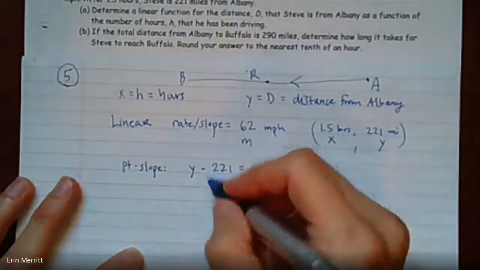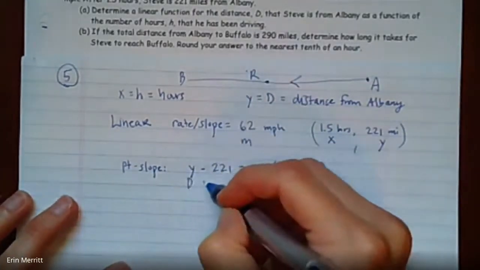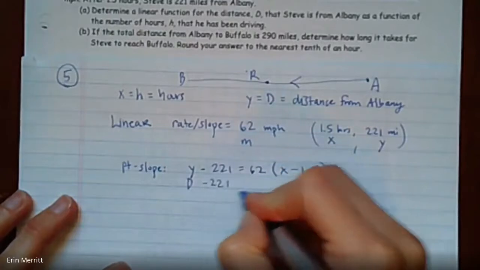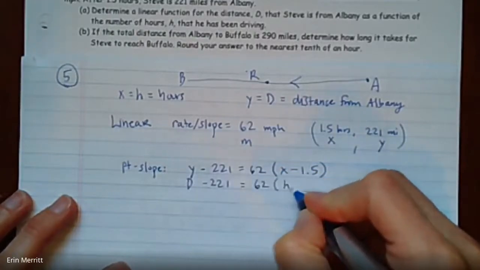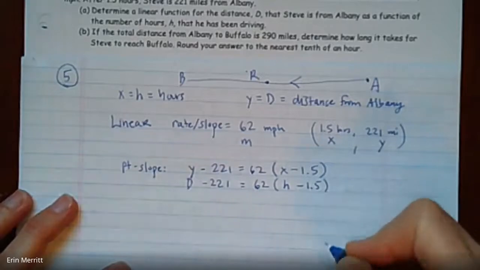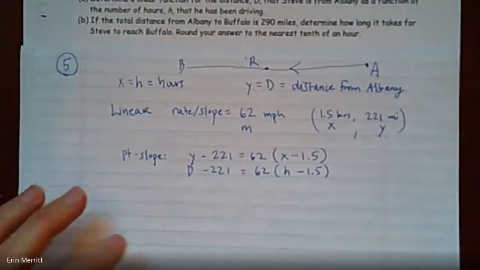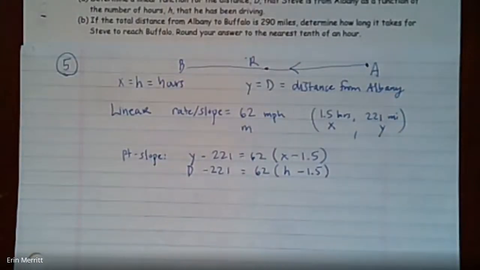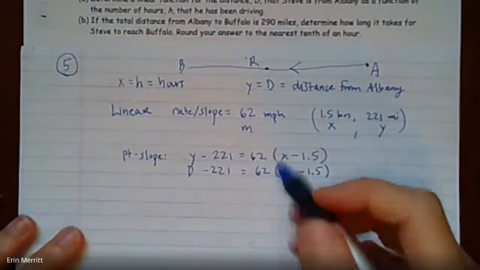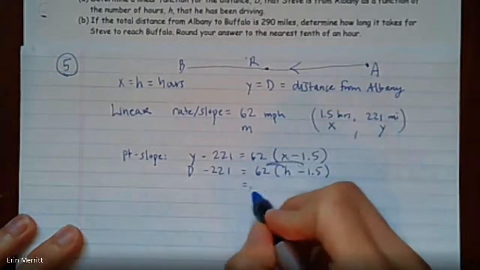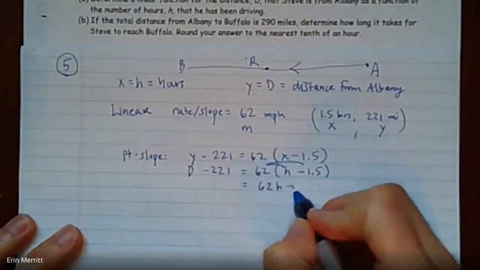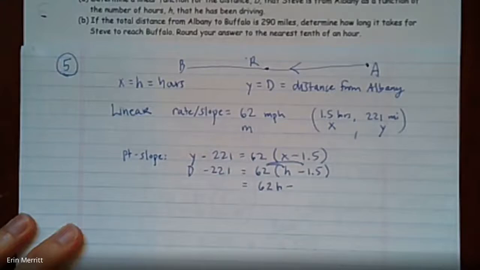Now, it did say in terms of D and H, so play the game to switch this around. So 62 and then H minus 1.5. It's hard to break that. But it does say determine the function of D in terms of H. So you really want to solve for D. So take a second, you can distribute. So 62H and then minus 62 times 1.5.